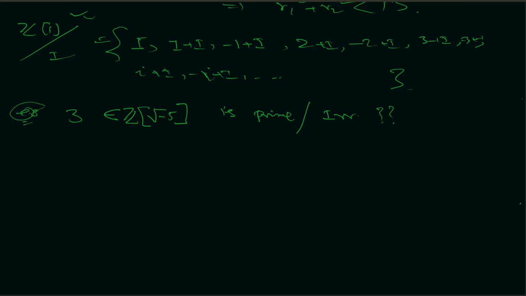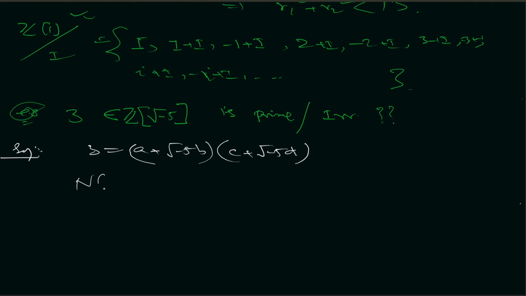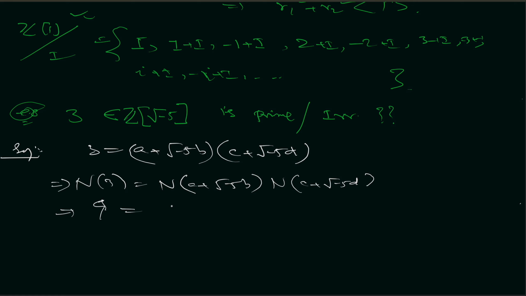So what is the solution? Suppose 3 can be written as the product of a plus square root of -5 times b and c plus square root of -5 times d. Apply the norm: norm of 3 is 9, which equals the norm of a plus square root of -5 b times the norm of c plus square root of -5 d, which is (a square plus 5b square)(c square plus 5d square).